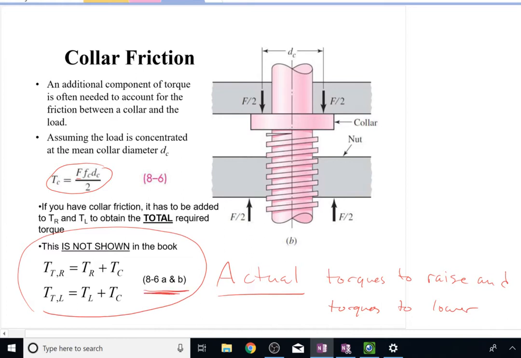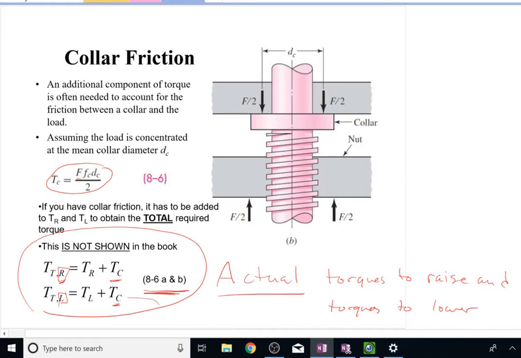It's written about and explained in the book, but it's not explicitly put in the book except when you get to an example problem. And so if I ask you what's the torque to raise, and there's a collar involved, then you have to include the collar term in the torque to raise. Likewise in the torque to lower. So this right here is torque to raise, and this is torque to lower.